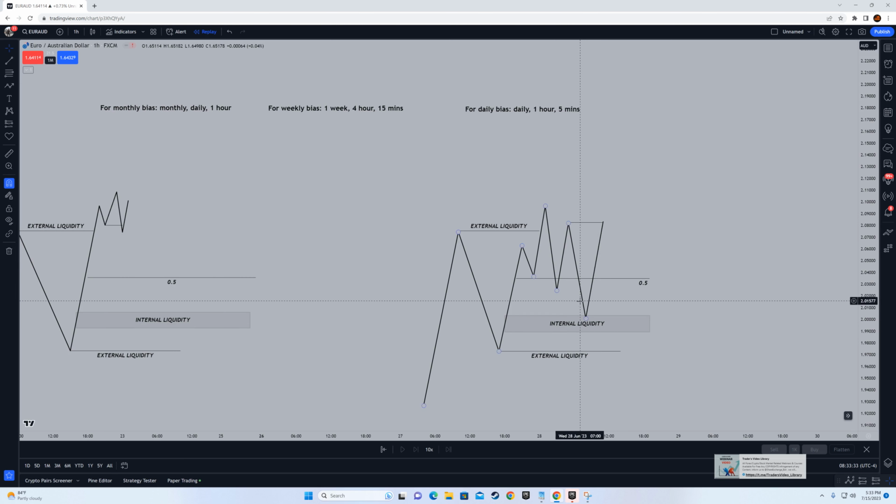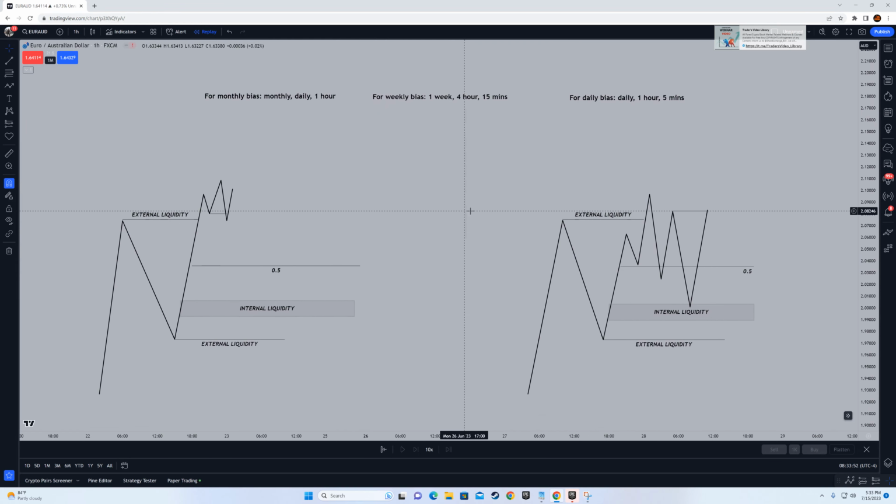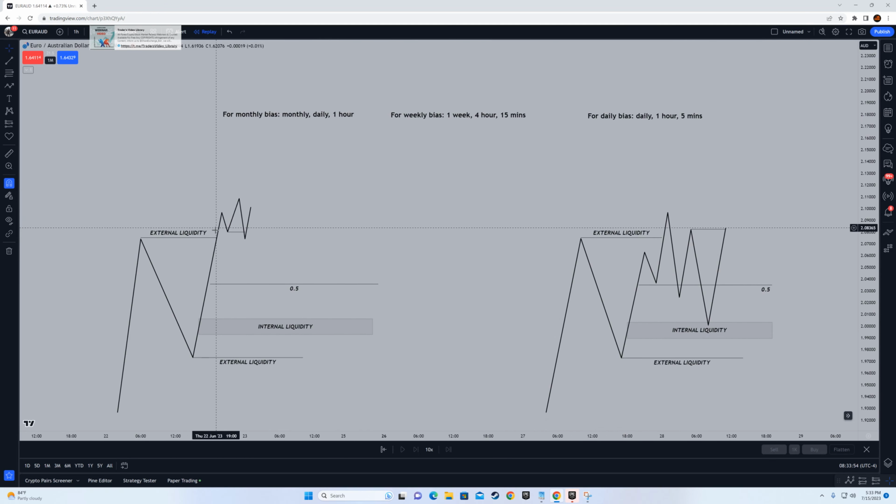If you're looking to go from internal to external, that would require a very, very strong bias. Like if the order flow is extremely bullish, then you can look for this type of bias setup, right? So this whole concept, this is ABC basically, and into the fair value gap, and ABC right here, and then into the fair value gap, or this low here.